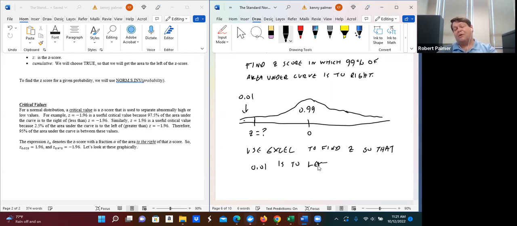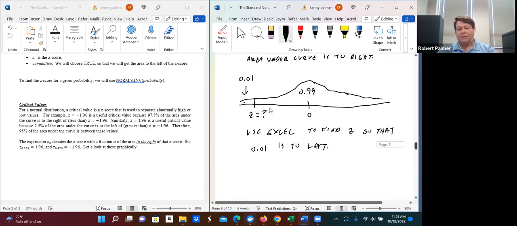Remember, that's what the function gives you: the area to the left. This finds the same thing, the value where we have 99% to the right, but what Excel and the table give you is what's to the left. So we want to find where 1% is to the left.